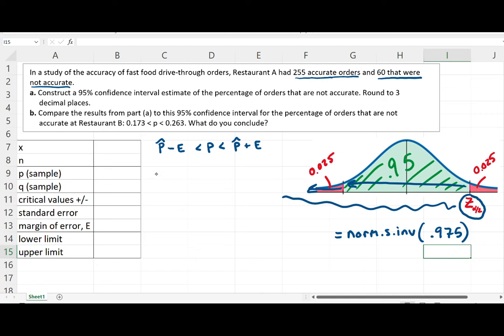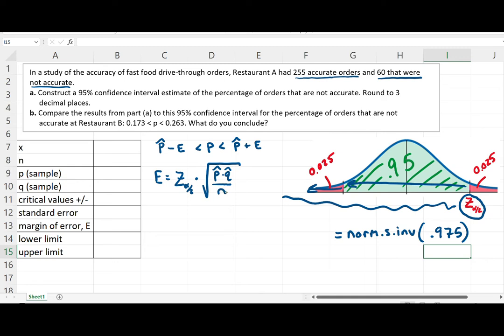And the margin of error is obtained by taking the critical value, which is Z with the subscript alpha over 2, times the standard error of the proportion, which is the square root of p hat times q hat, where p hat is the sample proportion and q hat is the complement of the sample proportion, divided by n.